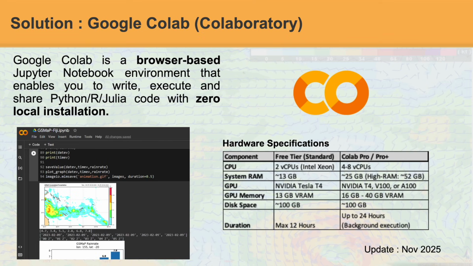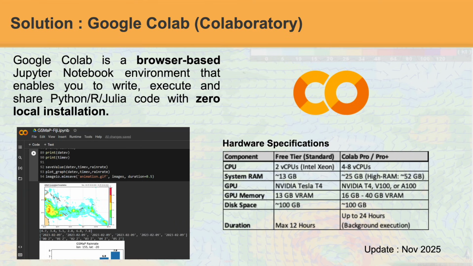Google Colab is a browser-based Jupyter Notebook environment that enables you to write, execute, and share Python, R, Julia code with zero local installation. The keyword is zero local installation.